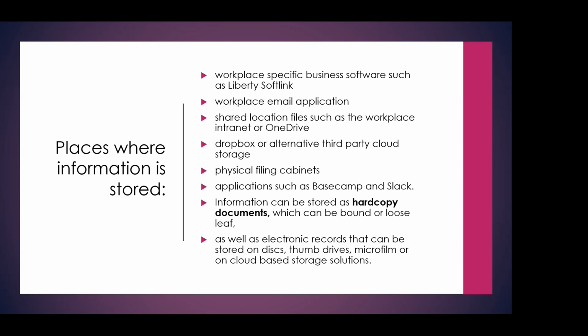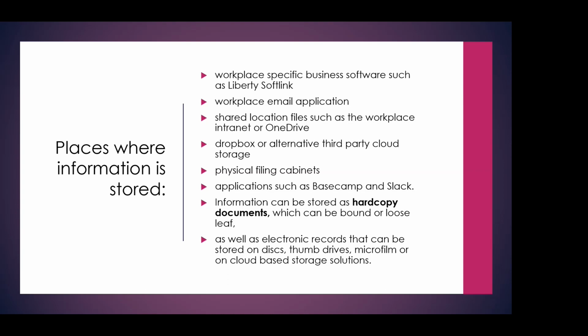Some information is in email applications. Some information is stored in shared drives. We have our OneDrive, and the nice thing about OneDrive is that we can share files with other people. Dropbox or some other third-party cloud storage. Some information is kept in physical filing cabinets.